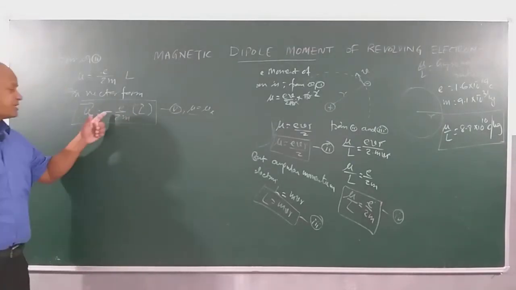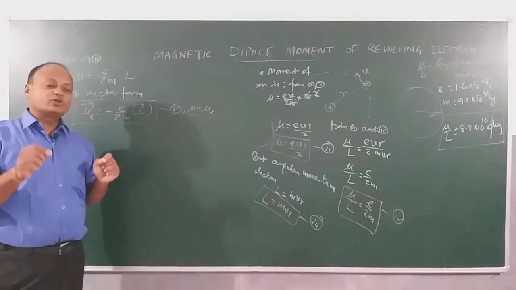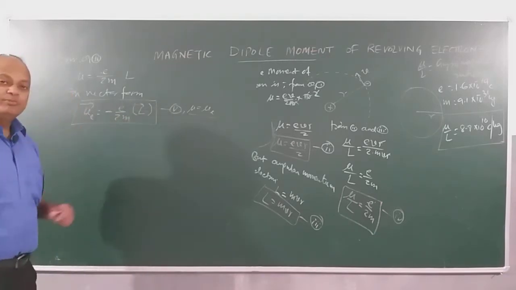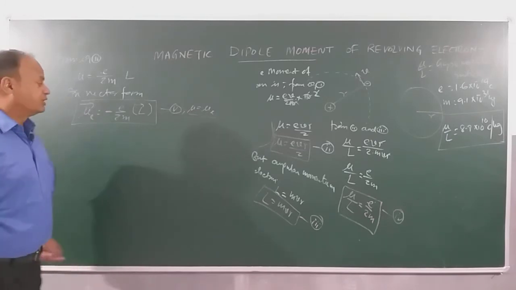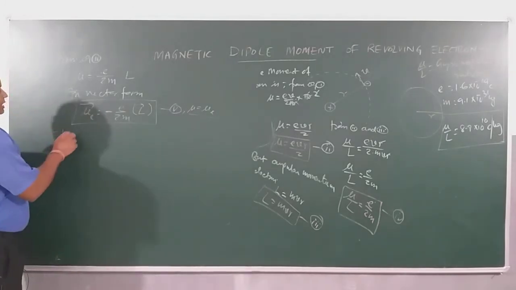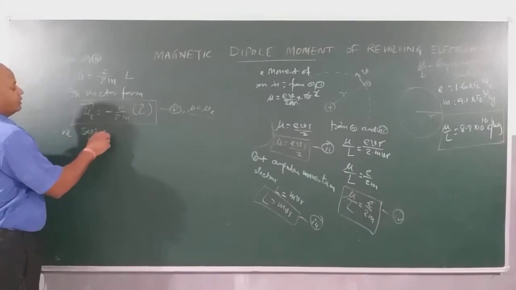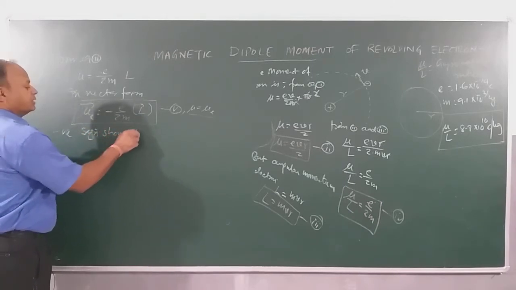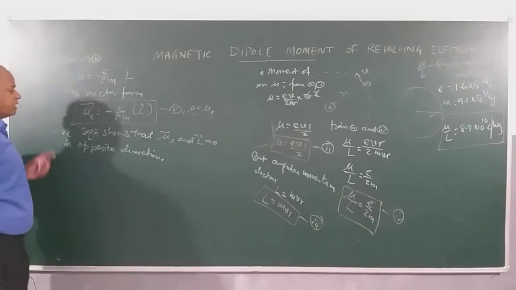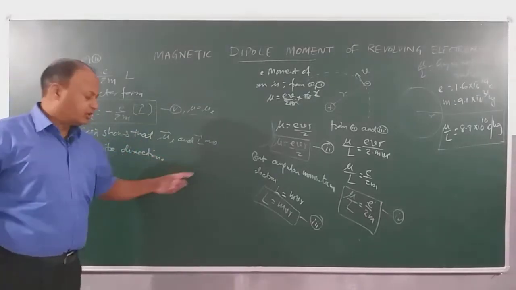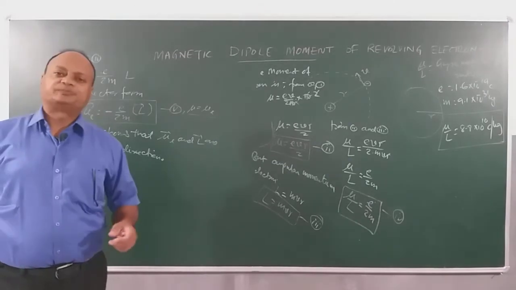Now what is the significance of the negative sign? The negative sign shows that L and mu L, or mu, are directed in opposite directions. So here the negative sign shows that mu L and L are in opposite directions.